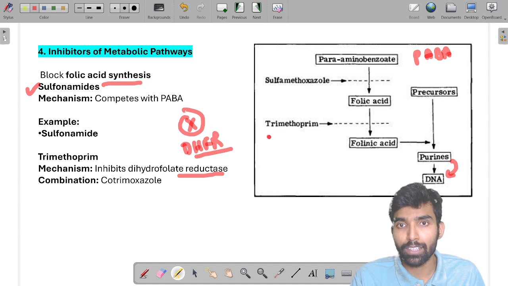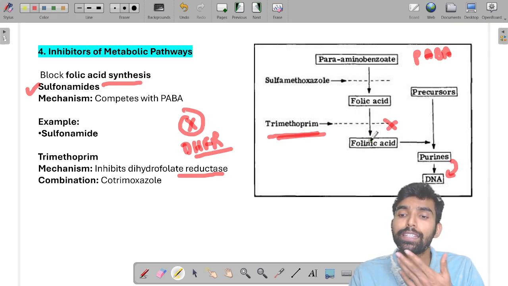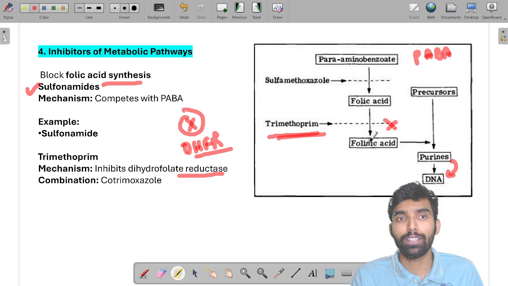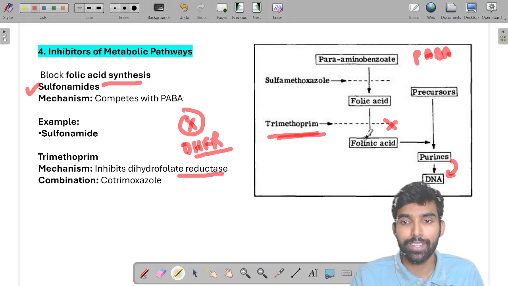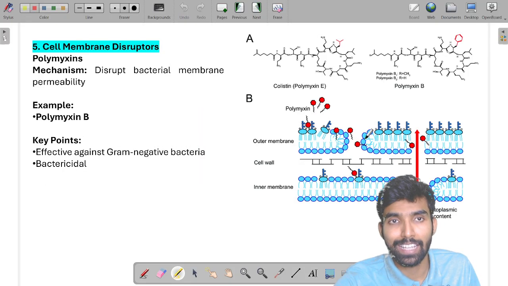Trimethoprim is one inhibitor that actually blocks from folic acid to folinic acid synthesis. So that means you can also inhibit metabolic pathways, and those are mostly the sulfonamides that block purine or DNA synthesis from folic acid. Okay, next one and the last one probably.